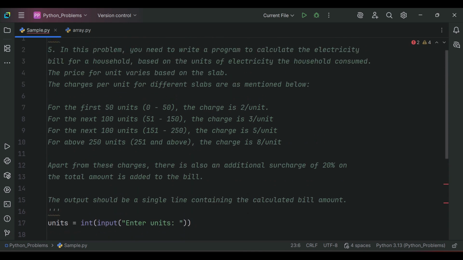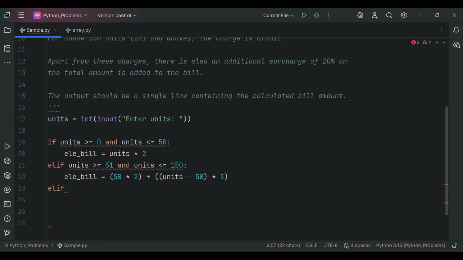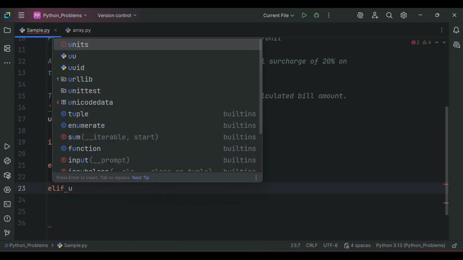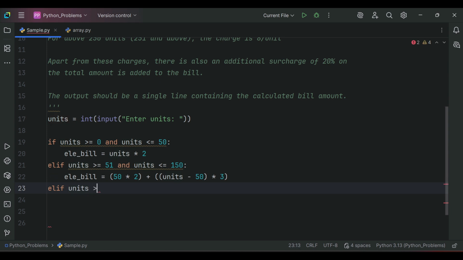What is the third condition he is saying? 151 to 250. Take units greater than or equal to 151 and units less than or equal to 250.